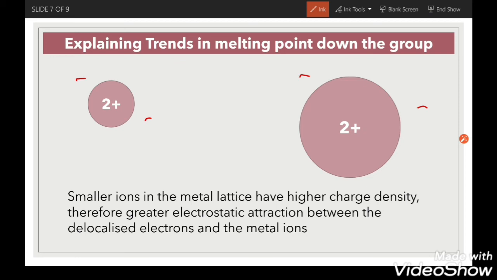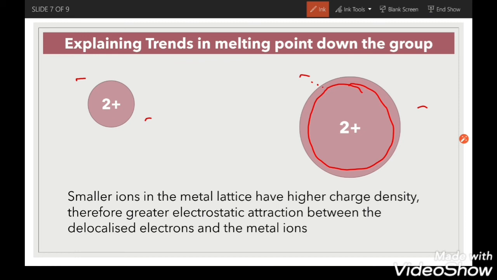This 2+ charge is over a smaller volume, size, whatever you want to think of it, than it would be further down the group. So over here, a large one might be strontium or barium. That 2+ ion is sort of diluted over a bigger surface area, so the attraction to any particular point to these electrons is going to be less.